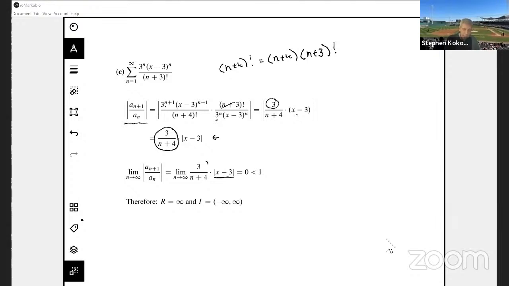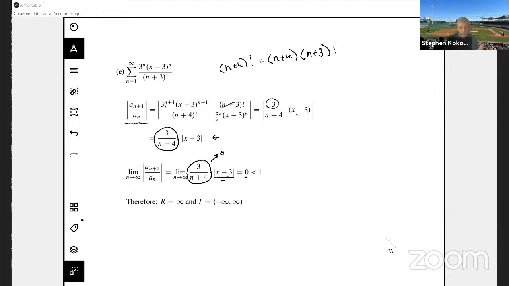And what happens to this expression? Well, this time there's a constant in the numerator and an n + 4 in the denominator, so that as n increases without bound, the denominator increases without bound and forces the whole fraction to 0, and 0 times this quote unquote constant, darn it, is 0.